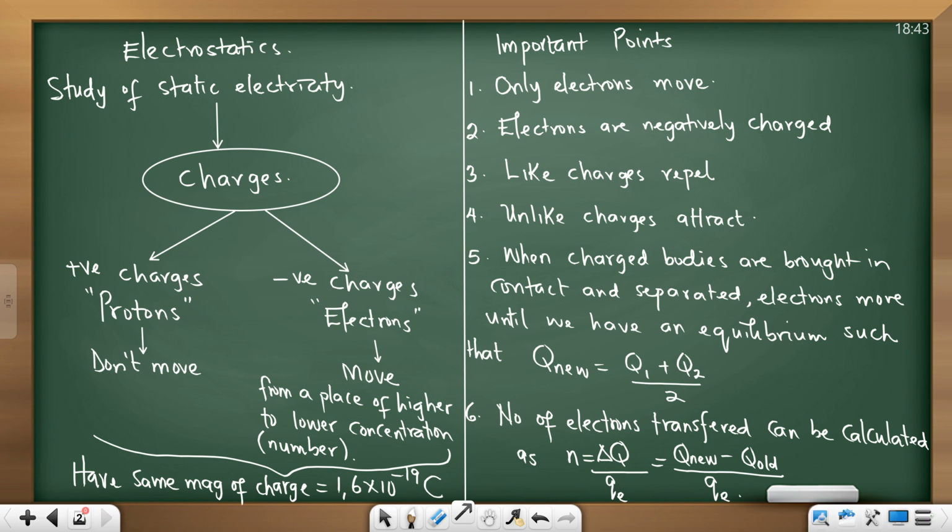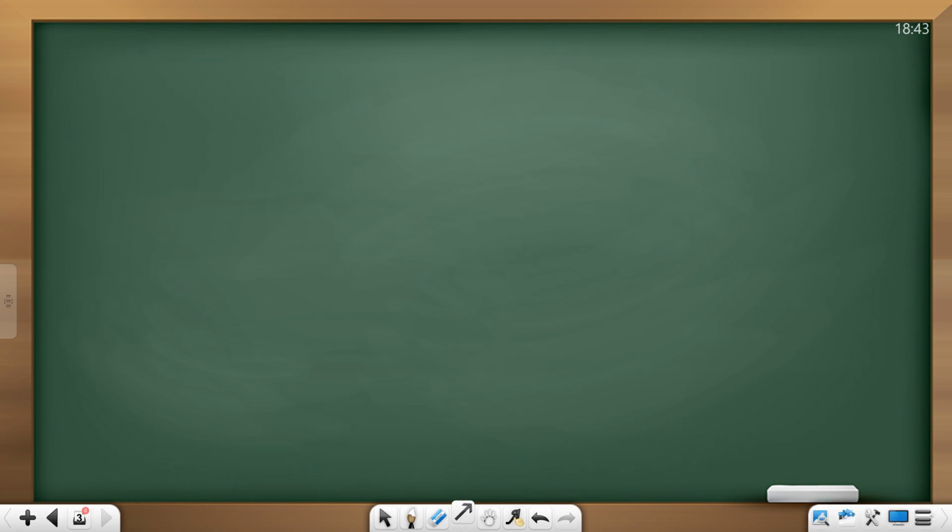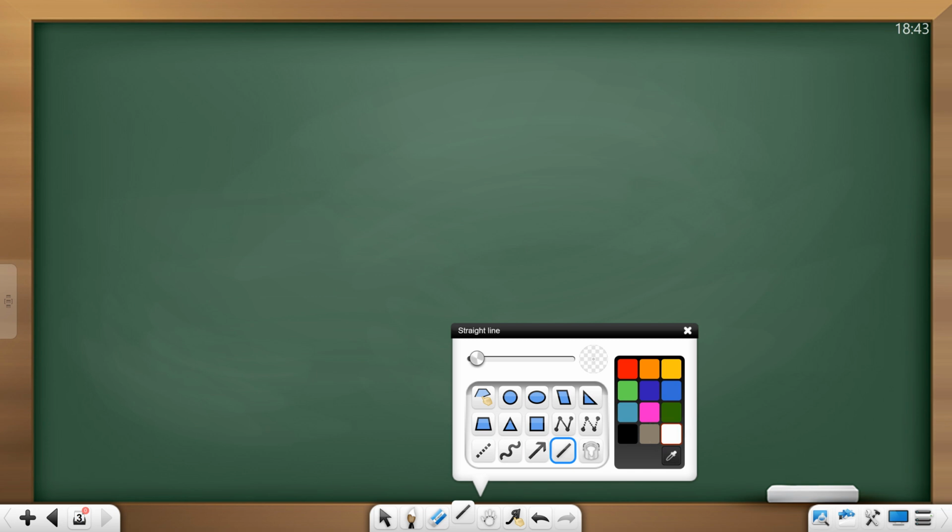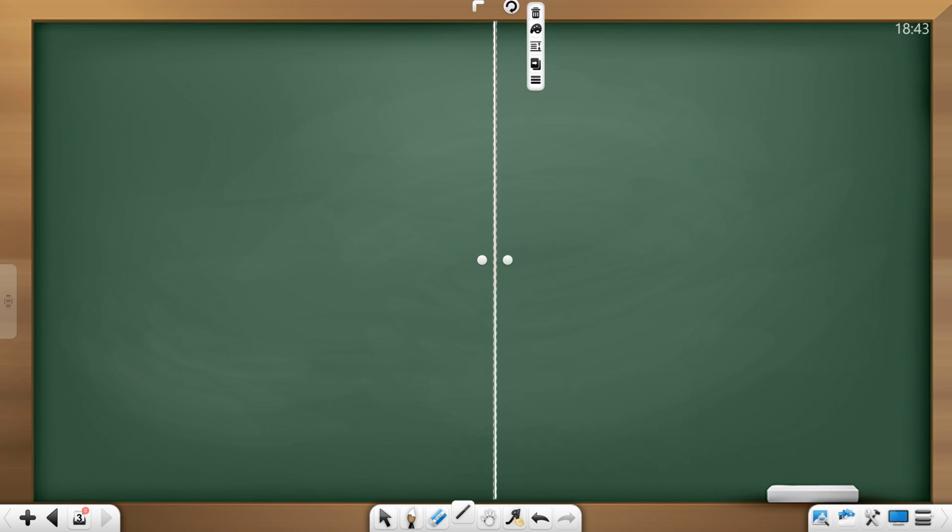Now, let's look at field lines quickly. Let us get confused on this, so we need to sort that out as quickly as possible. Then we move to our grade 11 content. For field lines, we are going to look at isolated charges.